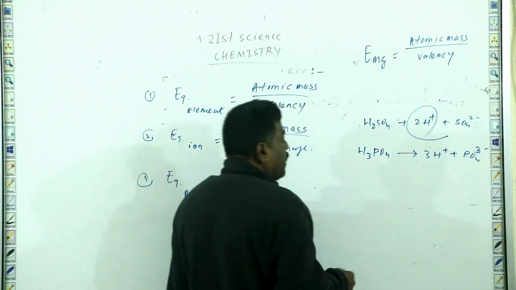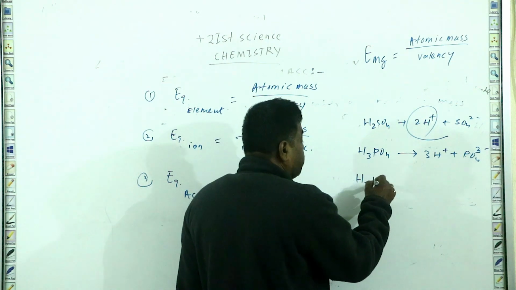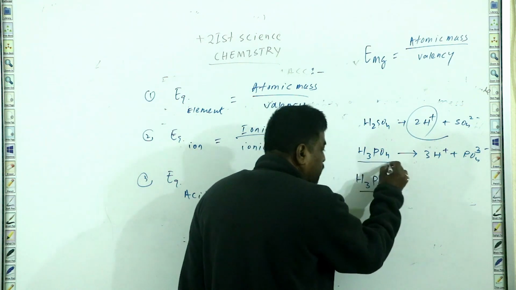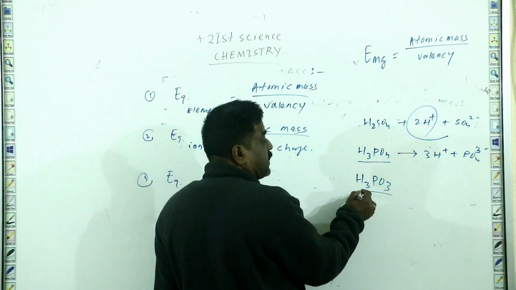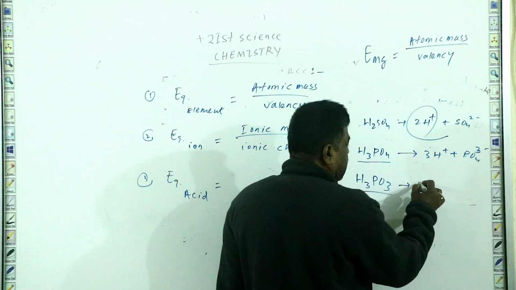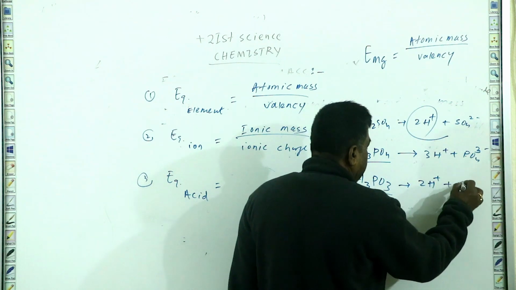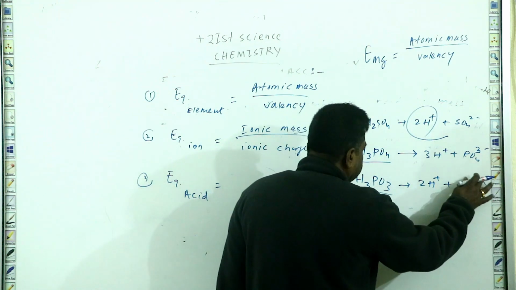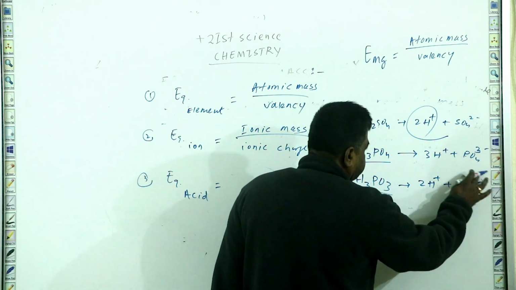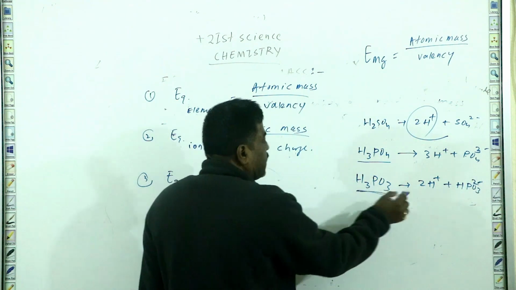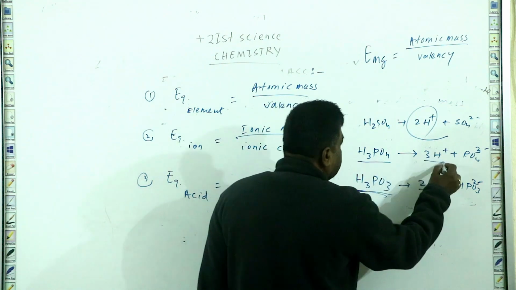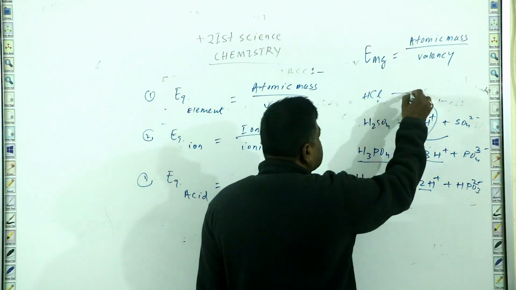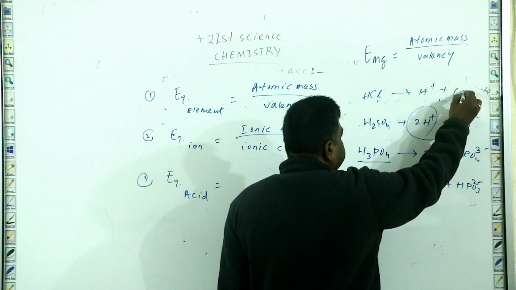But H3PO3, phosphorous acid, gives 2 H plus ions and 1 HPO3 2 minus ion. HCl gives 1 H plus ion.